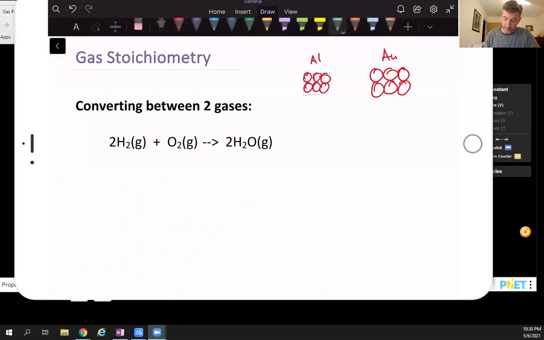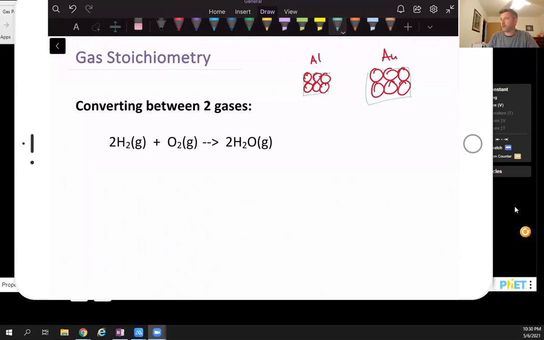So this volume over here of aluminum is much smaller than this volume of gold because the individual particles of gold are larger. Well, with gases, it doesn't matter because the particle size is so small compared to the space between the particles.